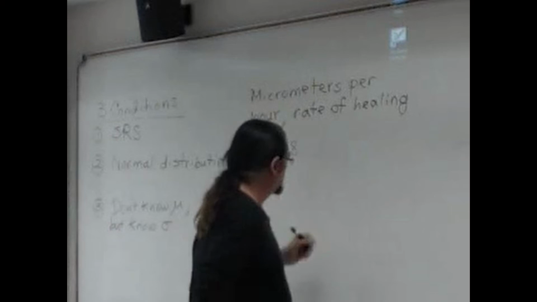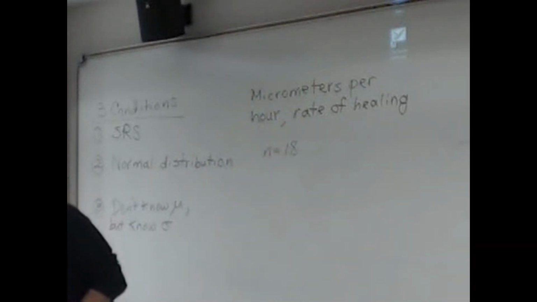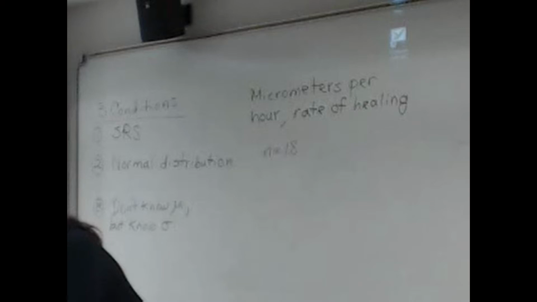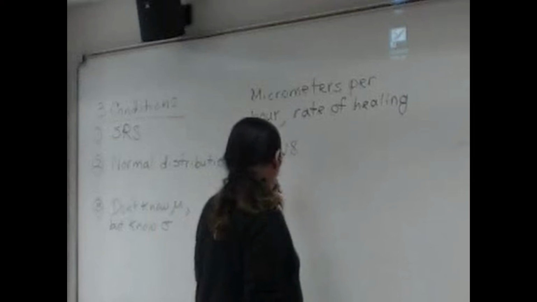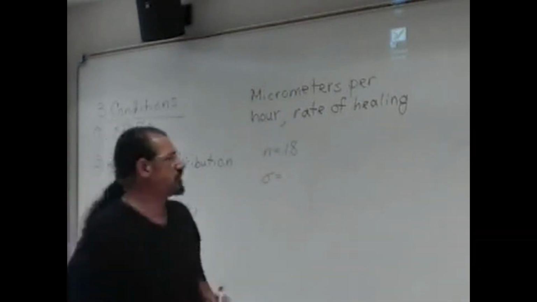Okay. So again, this came from a previous edition of the book. You may or may not find it somewhere, either in the reading or in the exercises of this new edition. But in the old edition, they told us that sigma, the population standard deviation, was 8 micrometers per hour.